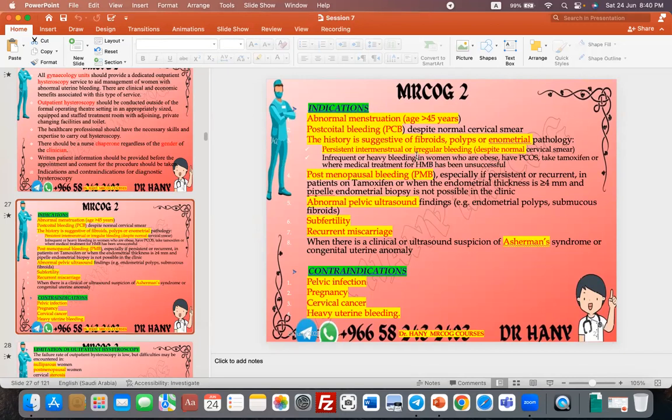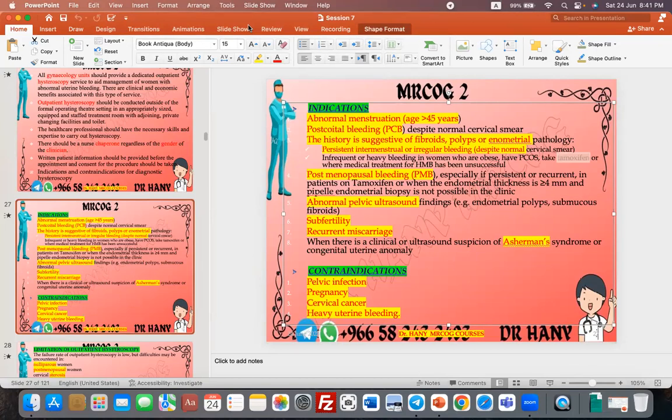It is not responding to treatment here, and the patient is obese or has PCO or is on tamoxifen. So this is an indication for hysteroscopy. Because this one I saw more than 45 years on CHC, continuous hormone, and she's coming with intermenstrual bleeding, so what we will do is hysteroscopy. Why, Shanza? I told you hysteroscopy because the combined oral contraceptive pill should control that bleeding, so this is a failure of the treatment. Does this make sense?